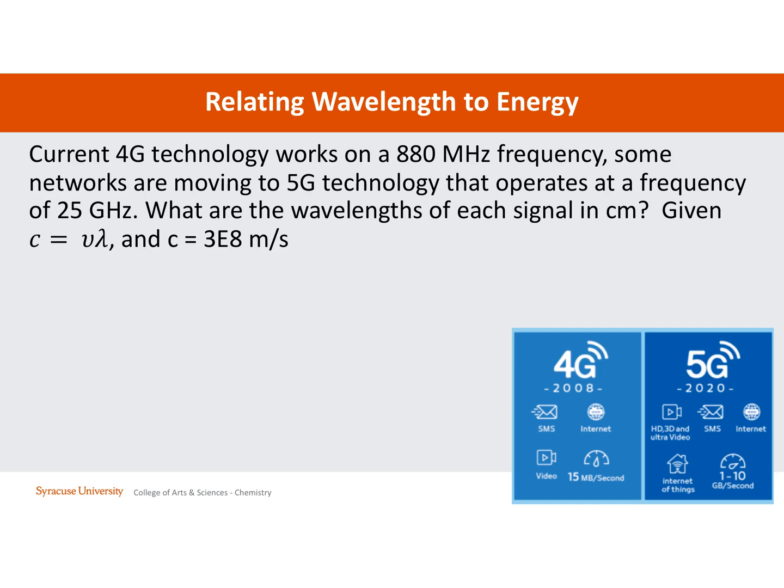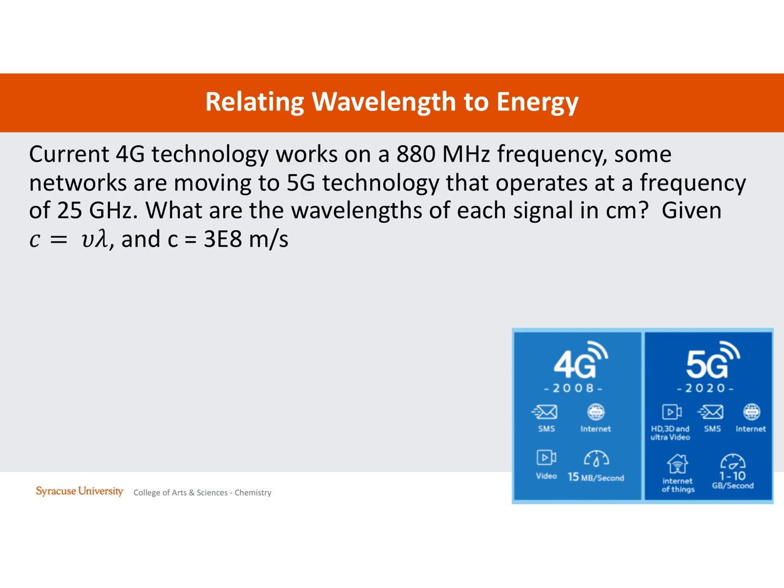And again, there's different ranges to the 5G range. So one of them right now that's in use is 25 gigahertz as the frequency of this 5G technology. What are the wavelengths of each signal in centimeters? So what's the wavelength of 880 megahertz in centimeters, and what's the wavelength of 25 gigahertz in centimeters?